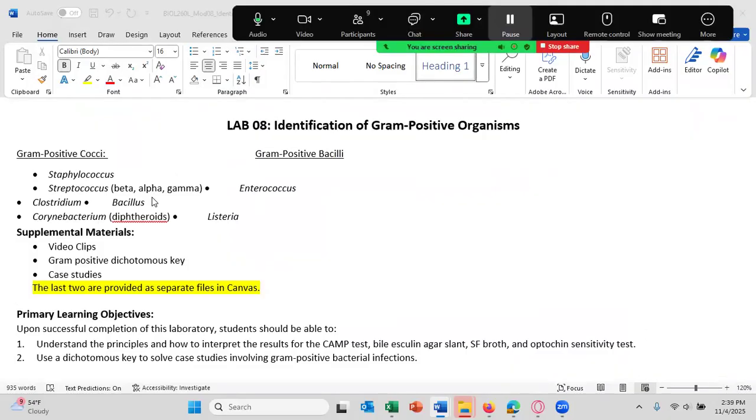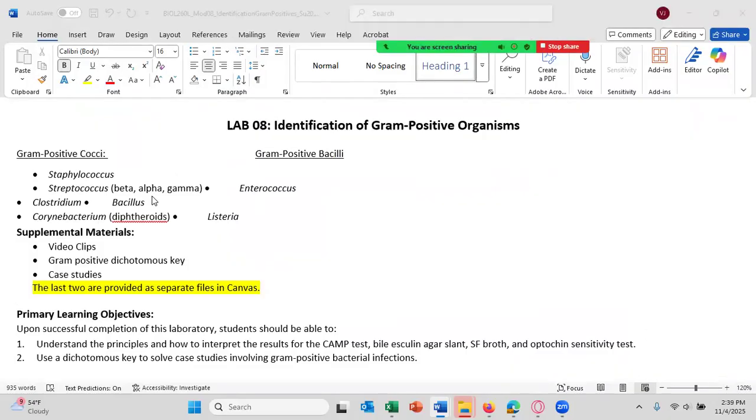We're going to be talking about gram-positive cocci, Staphylococcus, Streptococcus, Enterococcus, and then gram-positive bacilli. Sorry, this table's gotten messed up. Clostridium, family Bacillus, Corynebacterium, and Listeria. Those are the gram-positive bacilli. Any questions about any of that?